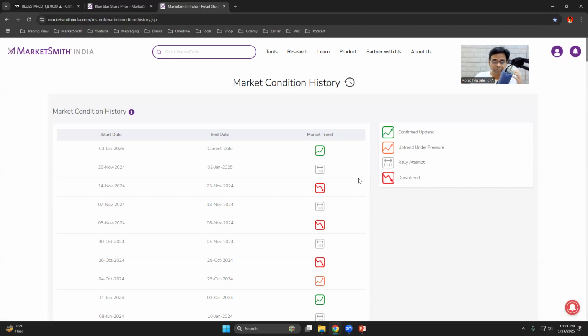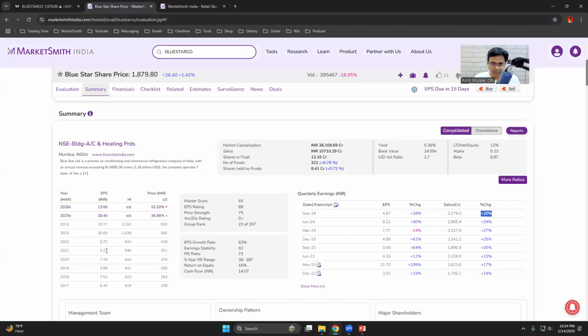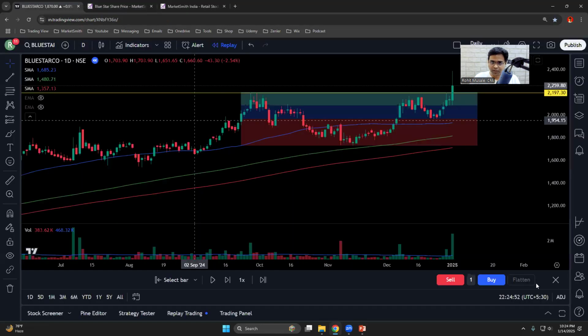Now you tell me, in a weak market condition, my criteria needs to be more strict, right? The weaker the market condition, the more the risk, and the more the risk, the stricter should be my criteria. So if my conditions are not getting satisfied here, I am going to outright reject the stock.